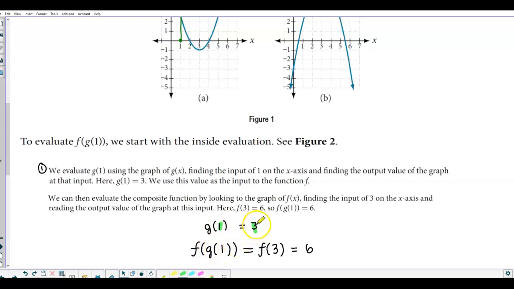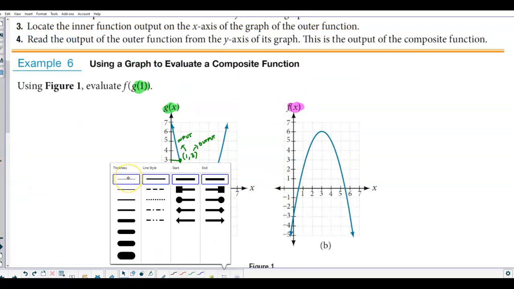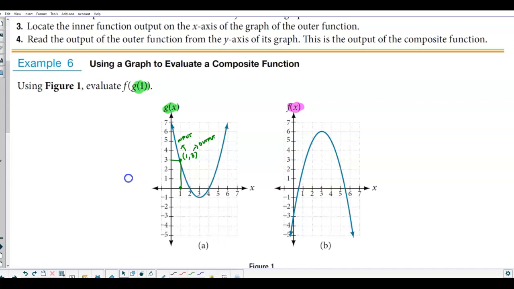Now we need to use the input of 3 on f. So we go to this graph, and we use the input of 3 to determine what the output is going to be.